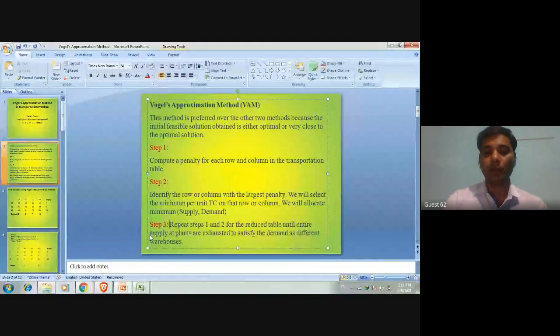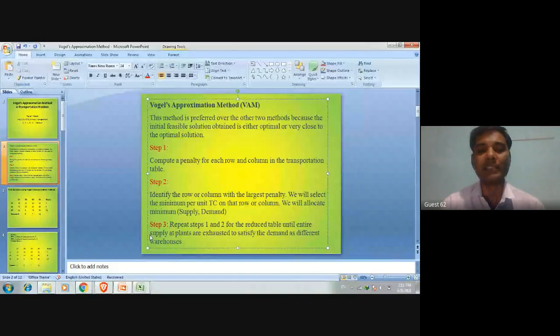Okay, after allocating this, if any one of the supply or demand is exhausted, then we again repeat steps 1 and 2.